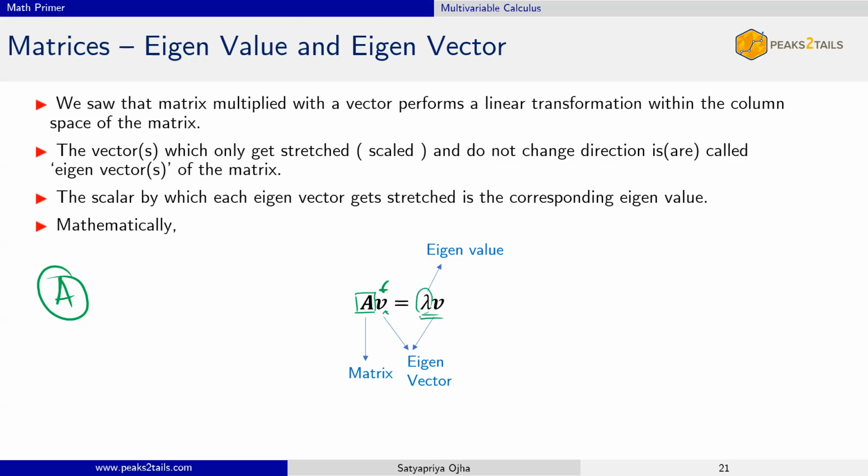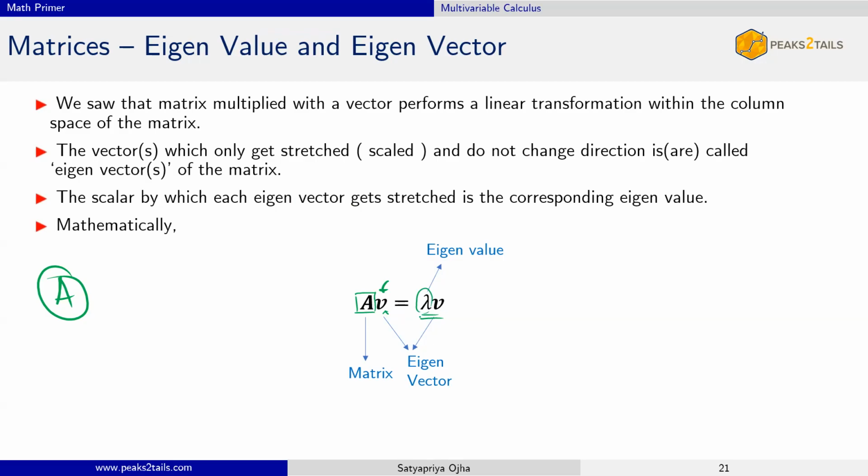See, there is a scalar multiplier with the vector. We want to know, given a matrix A, what are the vectors which only get scaled when you multiply the matrix with that vector? There is no change in direction. The direction remains intact. What are those vectors?